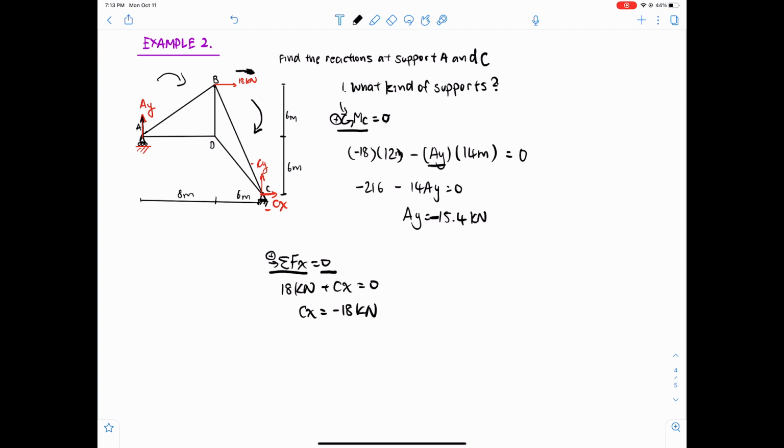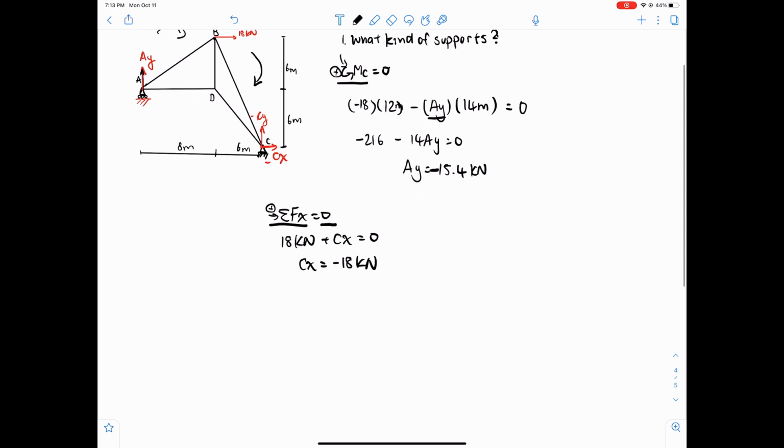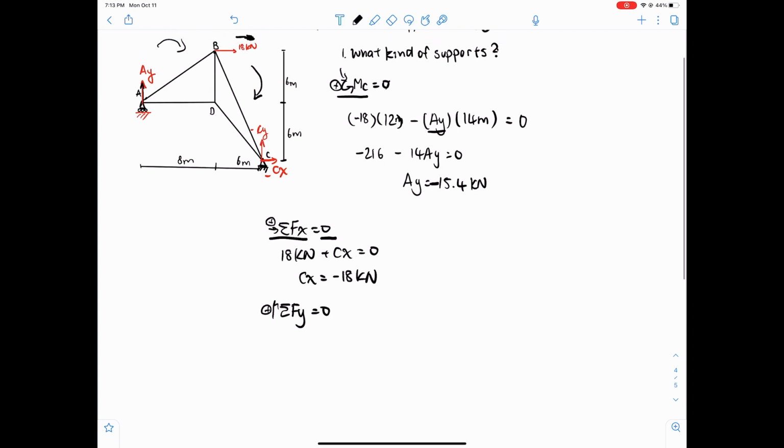Very simple, right? And then finally, sum of forces in the y direction equals 0. So what are my vertical forces? Well, we have AY over here and CY over here. So all we have to do is AY plus CY. Again, upwards is being defined as positive, so with this convention, AY plus CY equals 0.